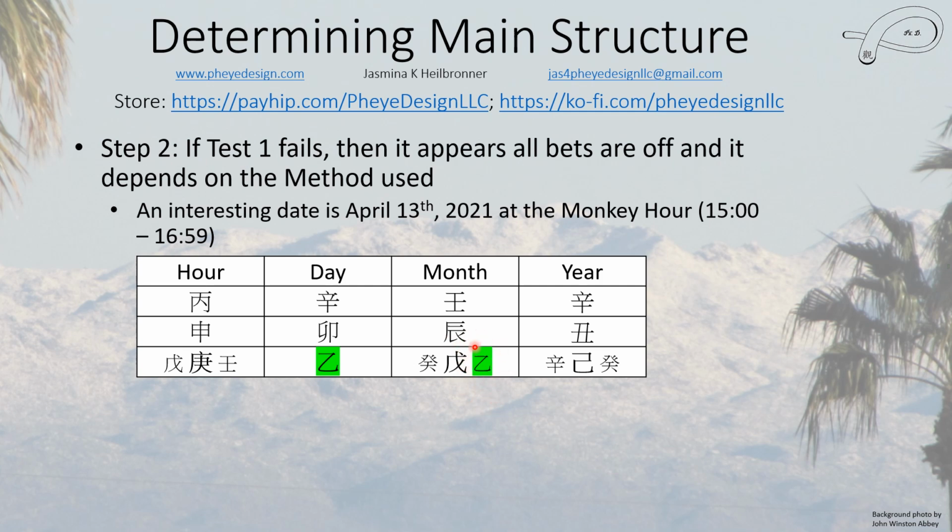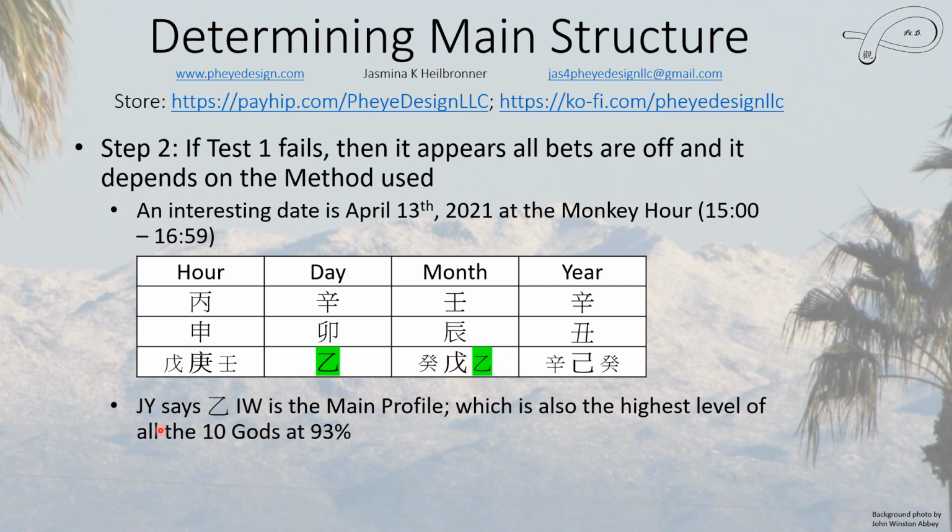So this is going to be the result by EC. This is what Joey Yap says, I think. Yes, he says it is the yin wood, and that in this case, because of this relationship, it is the IW, the indirect wealth.